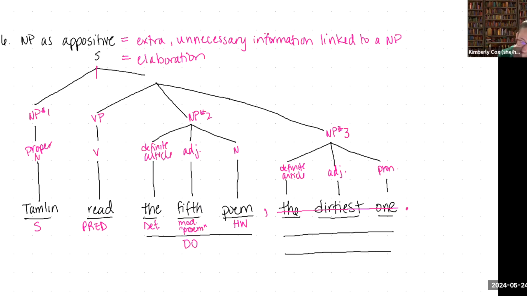Then once again, we have a definite article, so that's going to be a determiner. We have dirtiest, which is an adjective, and that means that its function is to modify one, which is the pronoun and head word of the noun phrase. So the dirtiest one overall modifies poem, right? And since it's non-essential information, that means that it functions as an appositive.